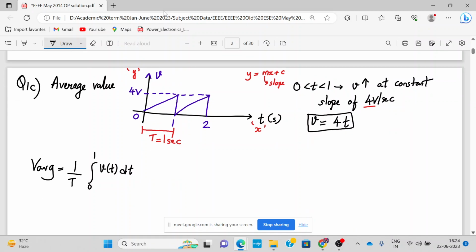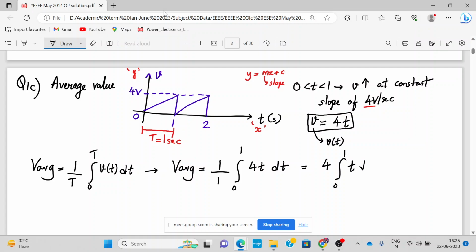So this is 4t. Now we are going to substitute this over here. Write it along with me. V average will be 1 upon 1, integral from 0 to 1 of 4t dt. Here it is V of t only. We can take 4 out. What is the integral of t dt?